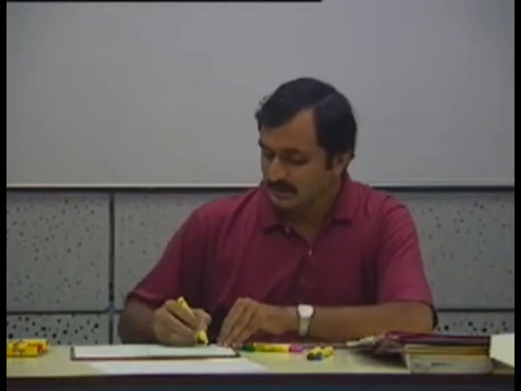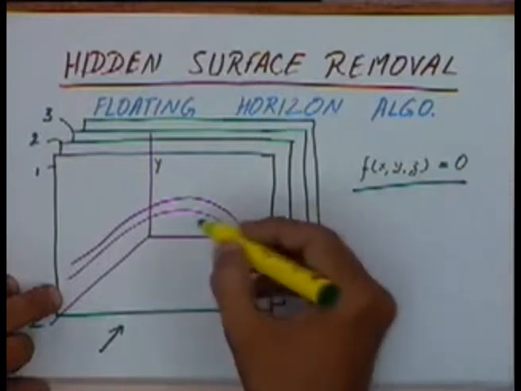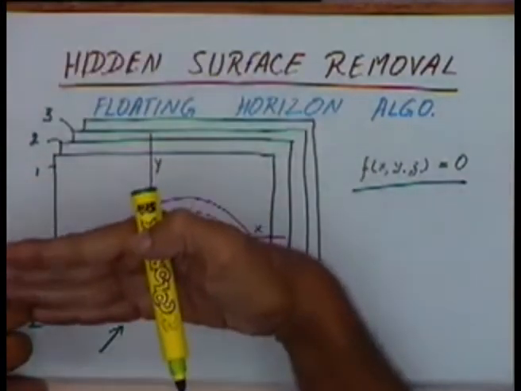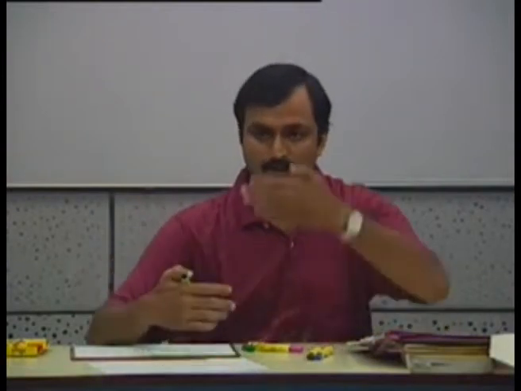So right now I am talking about only one single surface, and all these curves are obtained by the intersection of the single surface. I have a complicated surface like this, and I am taking intersection with the vertical plane. So in every plane I am getting only one curve right now.